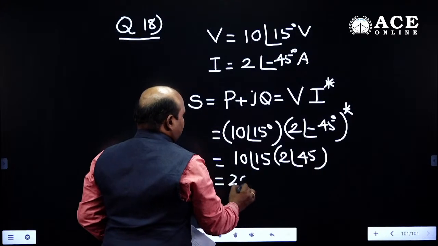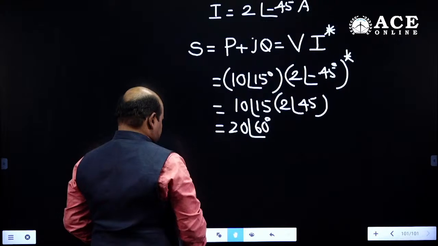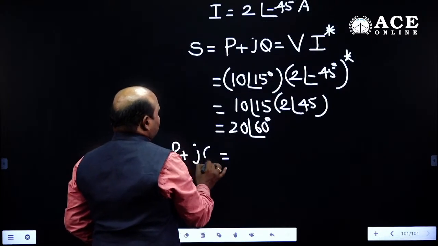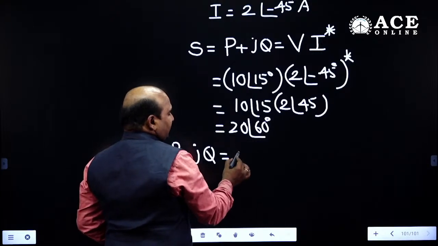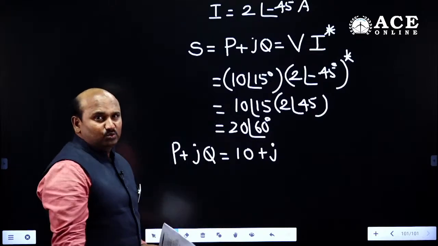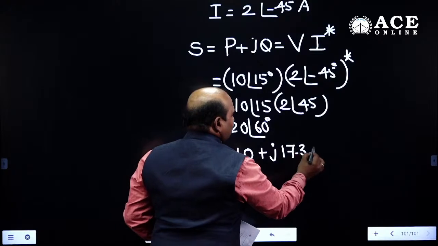From this you are getting 20 at an angle 60 degrees. From this I can estimate the S value in terms of active and reactive powers: 20 cos 60 degrees, which is 10, plus j times 20 sin 60, root 3 by 2, which is 10 root 3, which is 17.32.